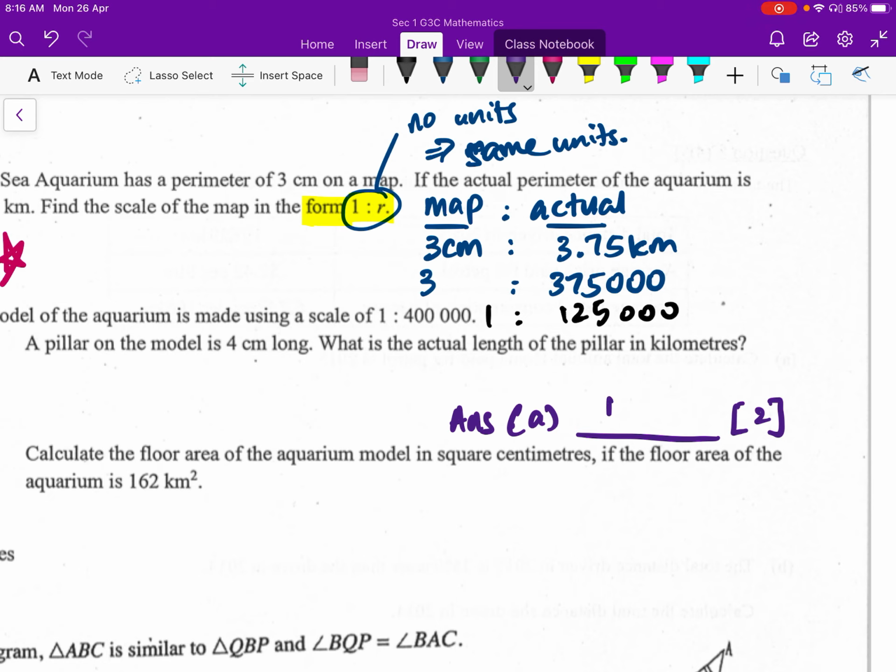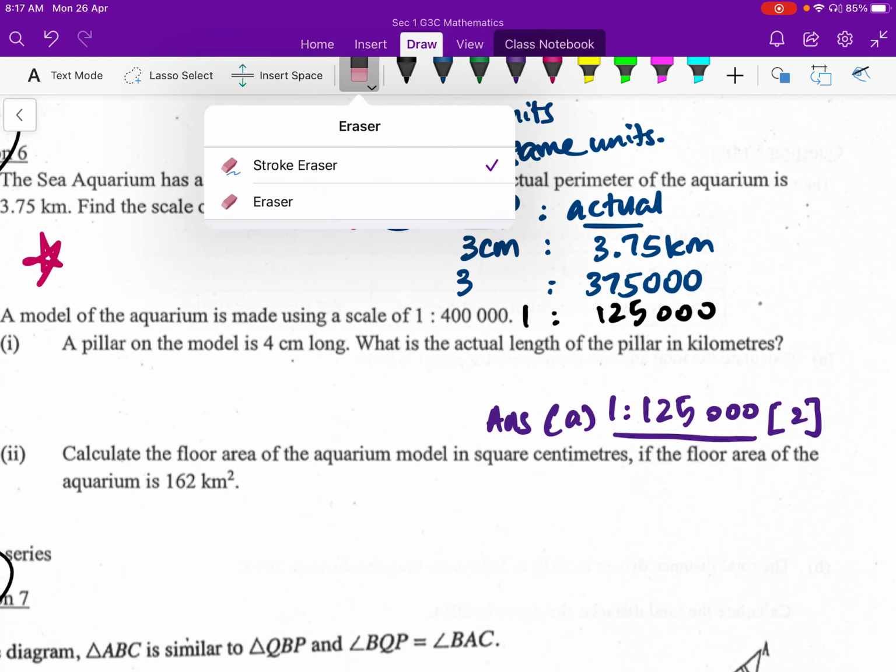If you write 125,000, the marker will feel very hard pain, because obviously you know how to do. They want to give you 2 marks, but cannot give you 2 marks. They'll mark wrong, because it said in the form 1:R. So you are supposed to write 1:125,000. Get it? Please don't throw away marks, I'll feel very hard pain also.